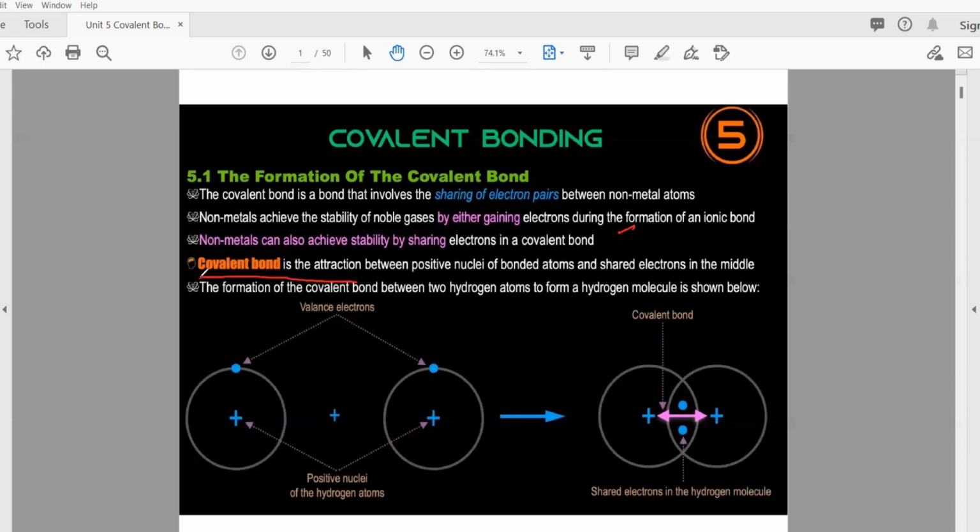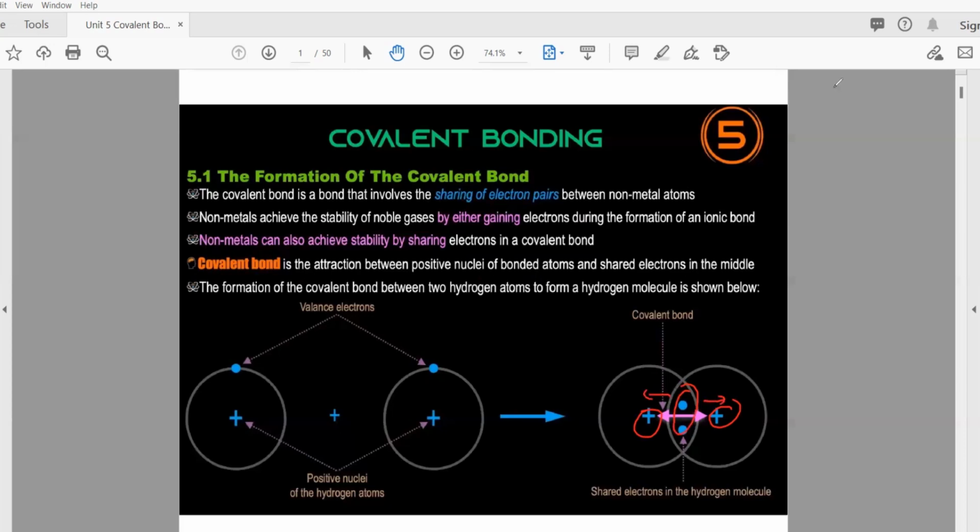A covalent bond is the attraction between the positive nuclei of the bonded atoms and the shared pair of electrons. So they have attraction with each other.